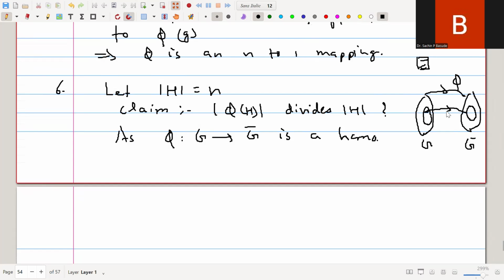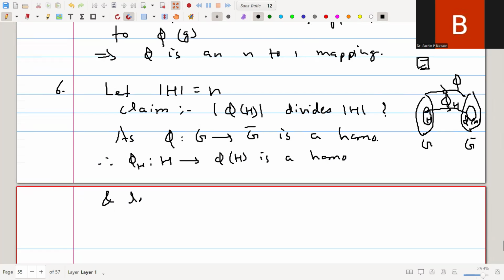So this is the mapping phi h from h to phi of h. That is also a homomorphism. Therefore, phi h from h to phi of h is a homomorphism.